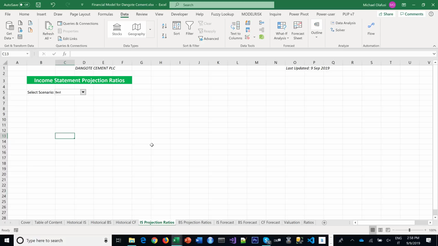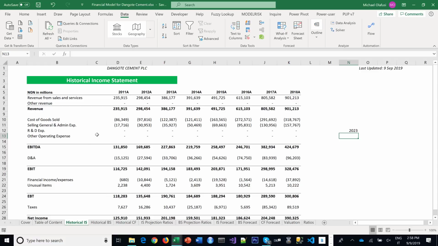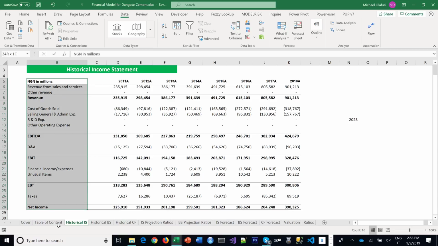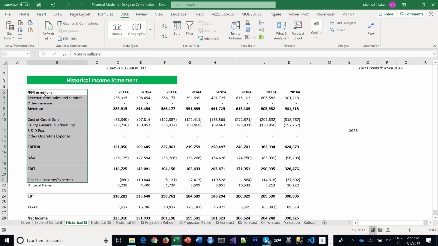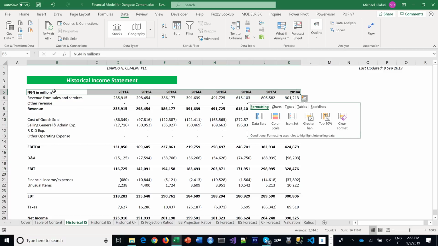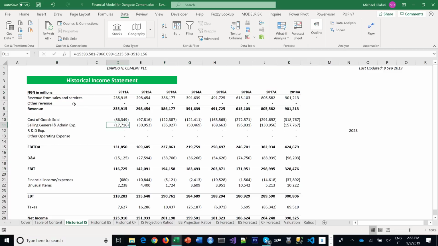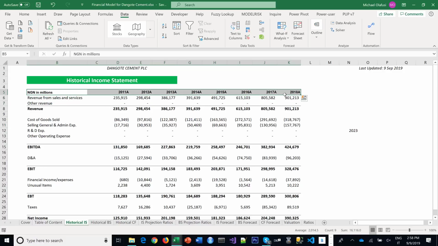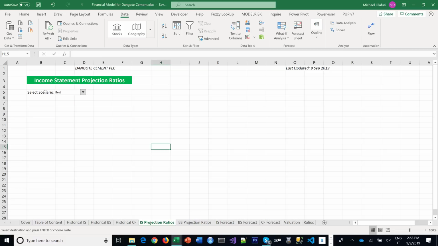Now for the income statement, all the different lines as we have here, we want to do their projections, right? So I'm going to pick starting from the past, here is good.